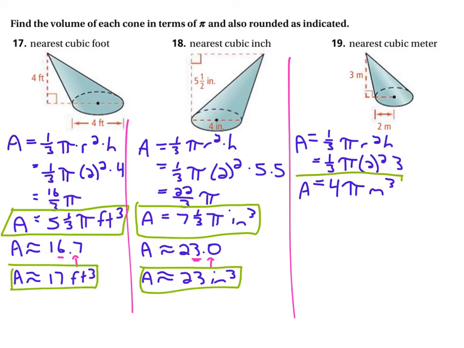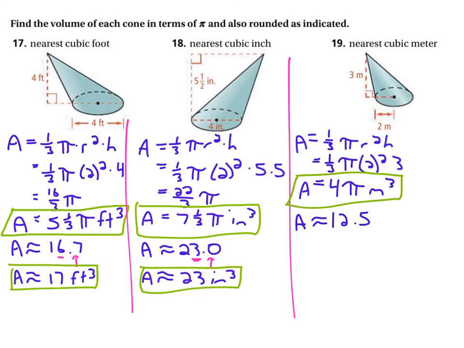And we will then say, okay, then that's approximately, we do 4 times pi. 4 times pi is 12.566 something.